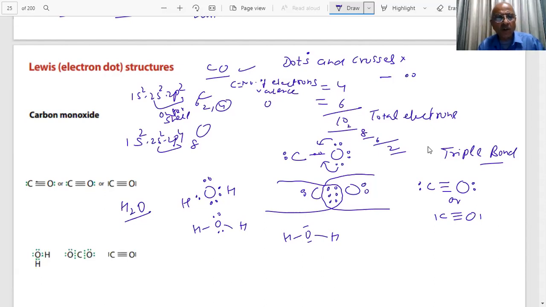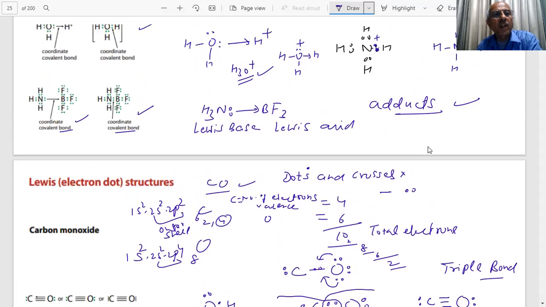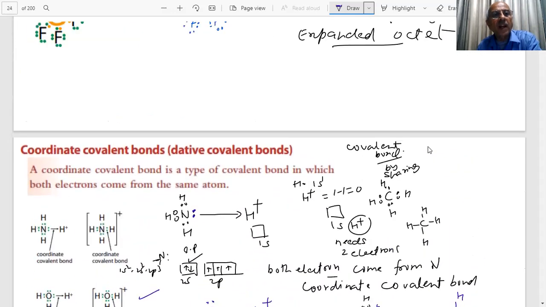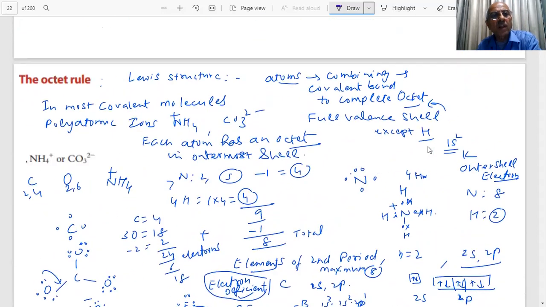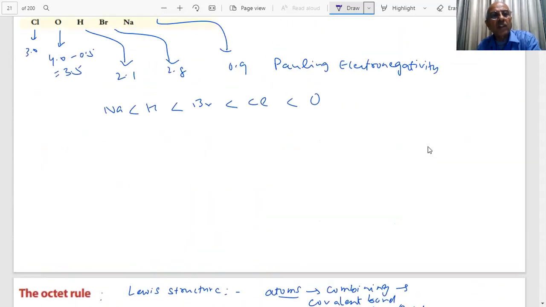And we have already told you what a polar covalent bond is, student. A polar covalent bond means there is a separation of charges. We have defined the electronegativity scale also. And one more important point before I end: whenever you have a polar covalent bond, there is a separation of the charges.